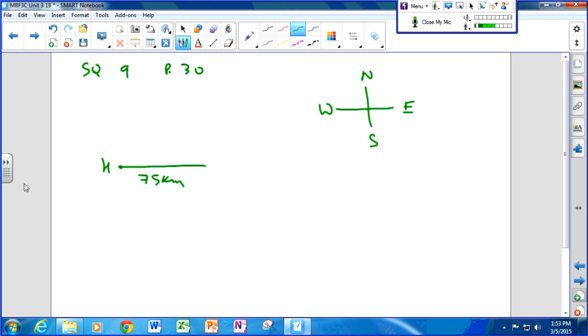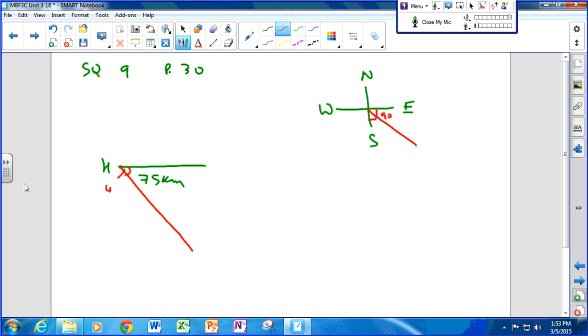At the same time, a second plane flies in a direction 40 degrees southeast. Well, southeast is midway between south and east. And if we know that that's 90 degrees, then our southeast angle here is going to be 45 degrees.